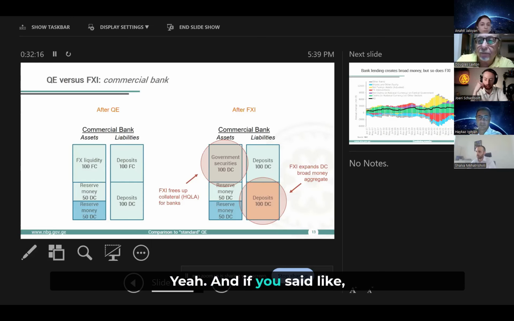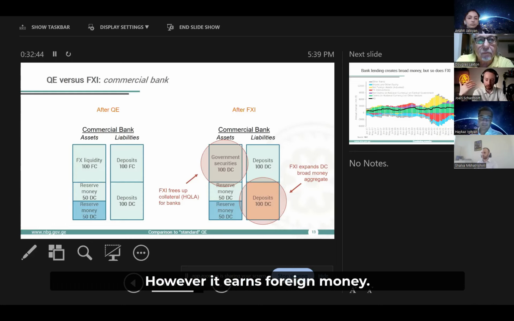And you said one of your main conclusions was that these FX interventions increase the money supply, right? Yes. If you go one step back in time, can you look at it as, let's assume this FX comes from exports, so excess exports over imports? If your country exports more than it imports, it earns foreign money.